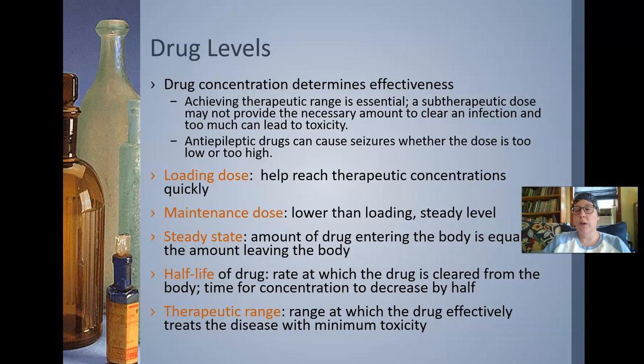Other drugs, for example Benadryl, you can take every 4 to 6 hours, so it reaches its half-life way faster than Allegra. Those are just two examples. So the shorter the interval between doses, the shorter the half-life, basically.